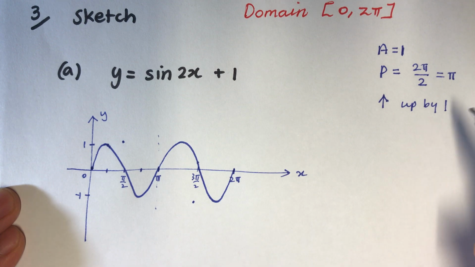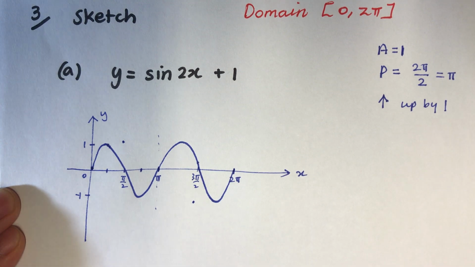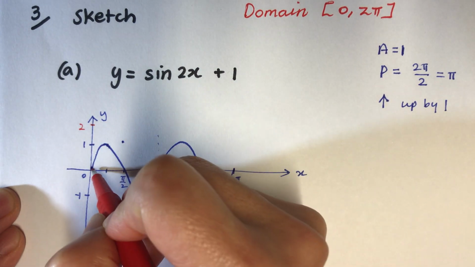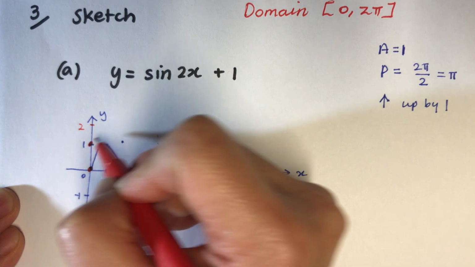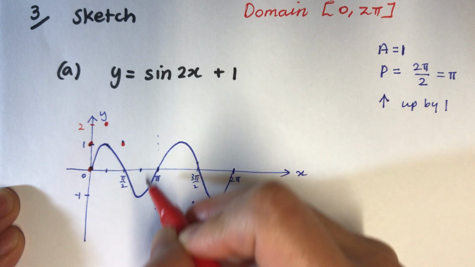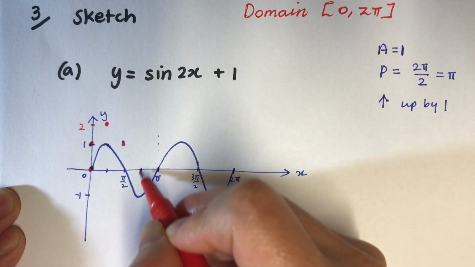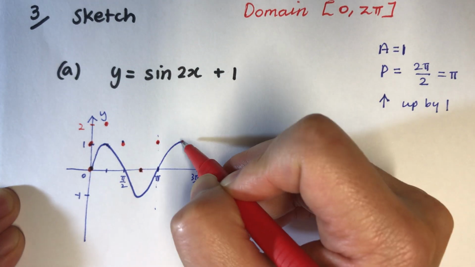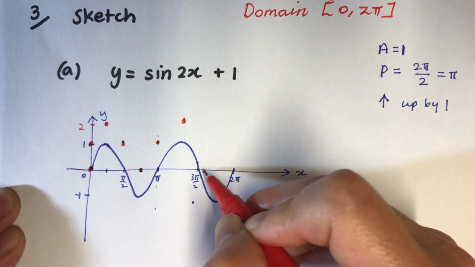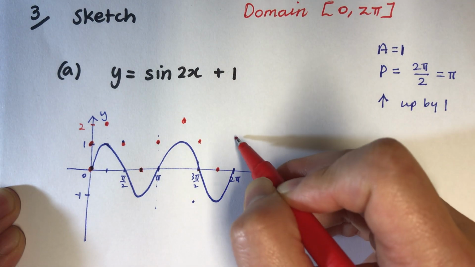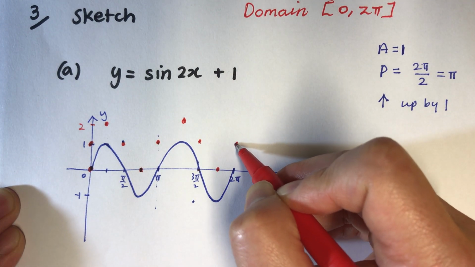All right, now we have to move up by 1. So I'm going to use another color here, and I'm going to make this 2, because this one has to move up here, and that moves up here, and this one moves up by 1, and that will move up 1 here.